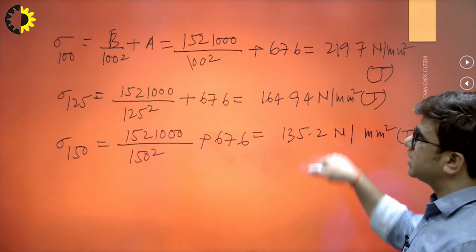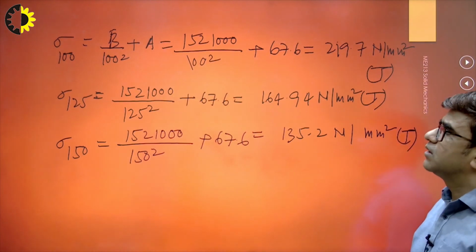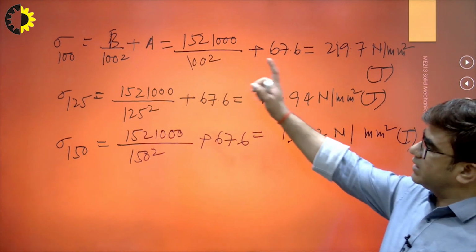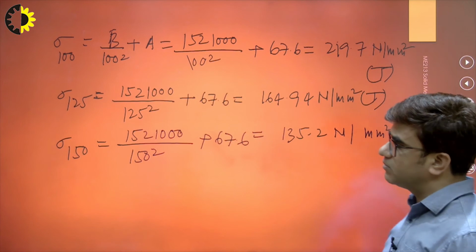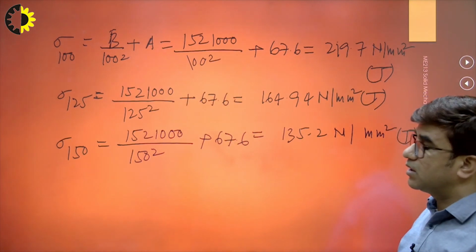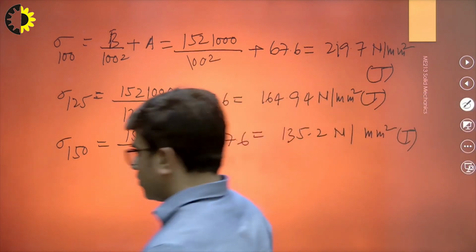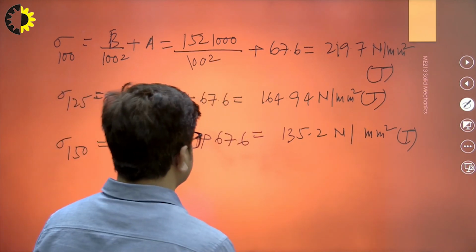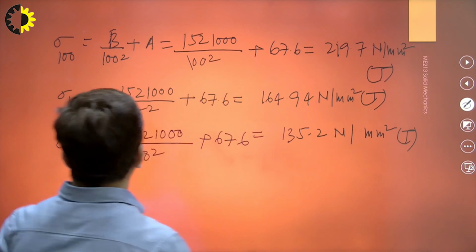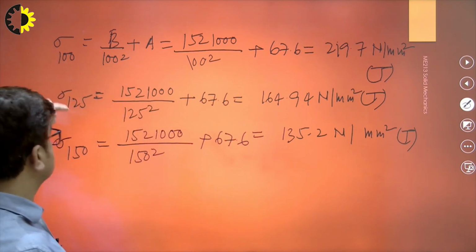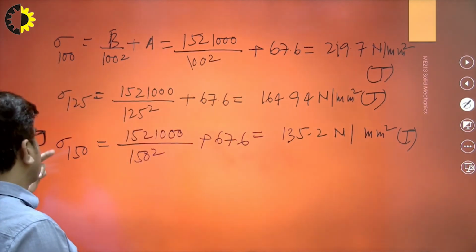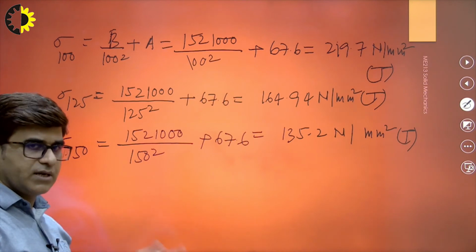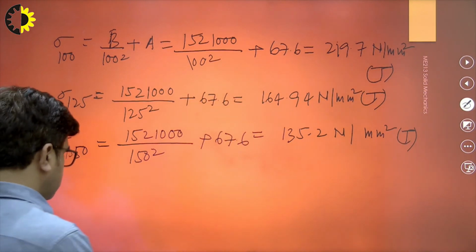So these are the hoop stresses because of internal fluid pressure at radius 100 mm, at radius 125 mm, and at radius 150 mm. Then I will calculate the resulting stress at radius 100 mm, at radius 125 and at radius 150, for the inner and outer tube.